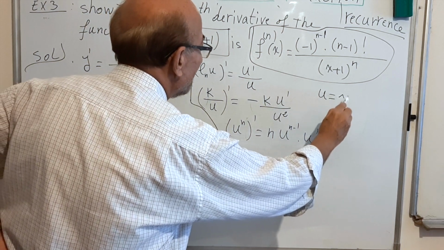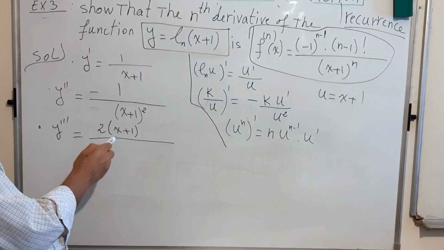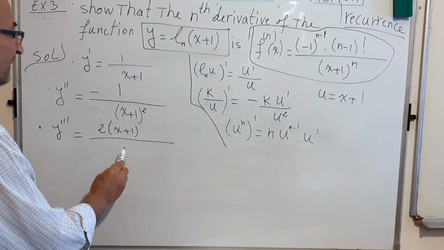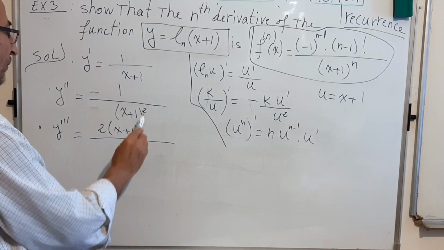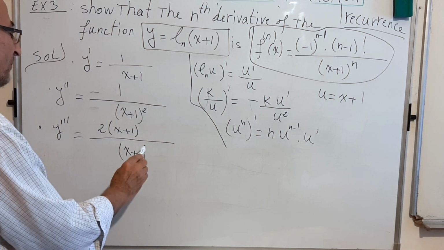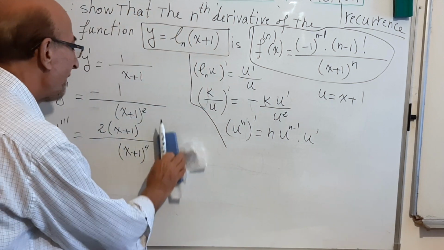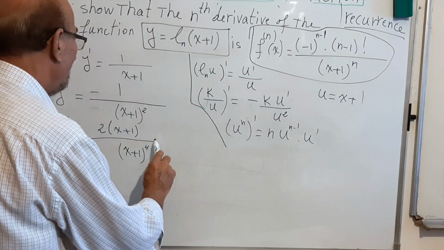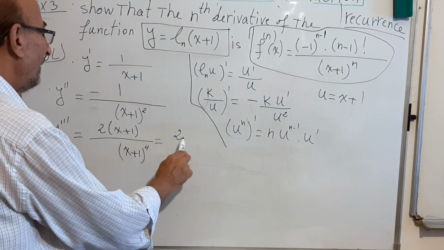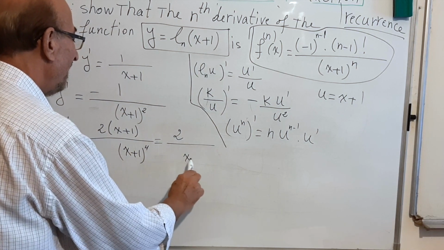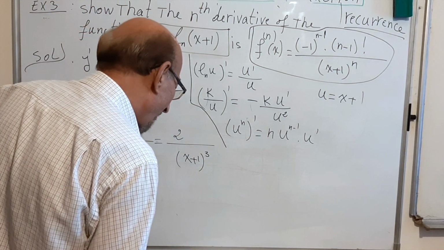U is always here equal to x plus 1, over u squared, x plus 1 squared squared, power 4. We can simplify by x plus 1, and we get 2 over x plus 1 to the power 3.